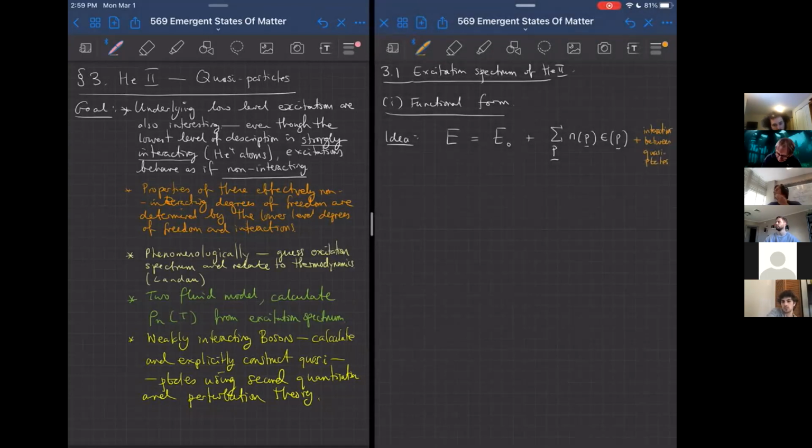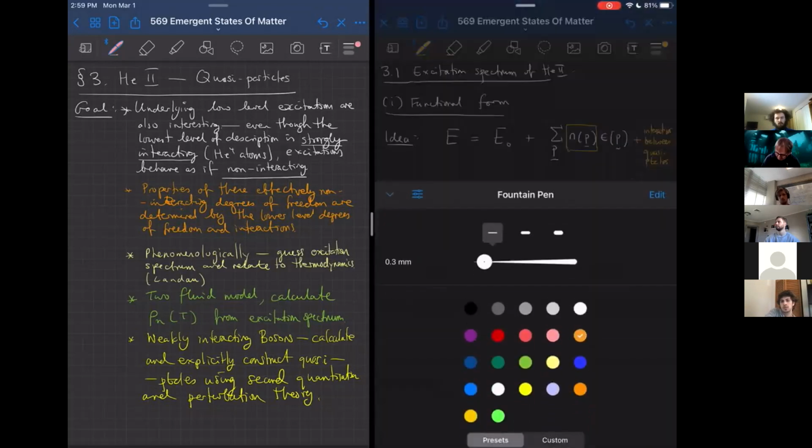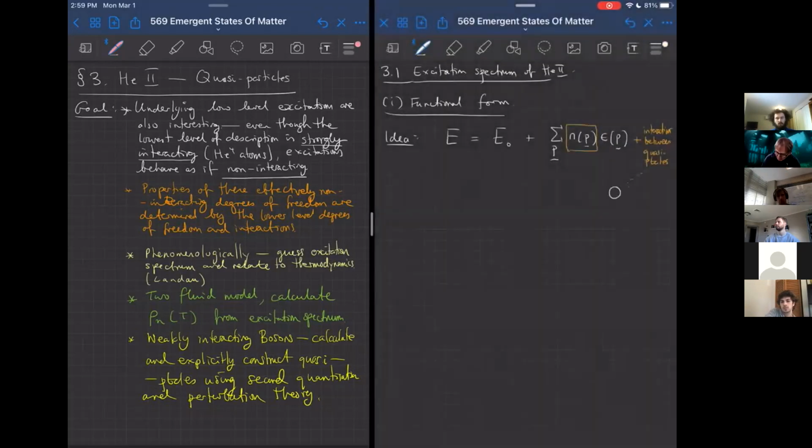Well, this term over here is the number of quasi-particles per unit volume. So if we just had this first term, that would just say that these things are like an ideal gas. And so what we'd expect is that if there's interactions between them, those interactions are going to be proportional to a quadratic power of n. So this term over here would be a correction term, which is going to be proportional to n squared, and higher order terms, of course. So this is then the idea.